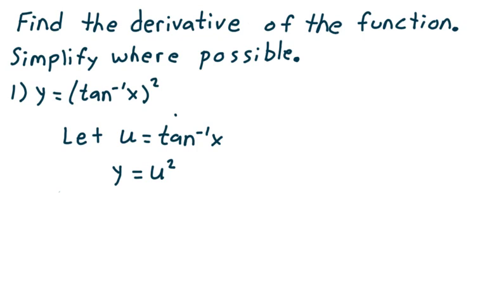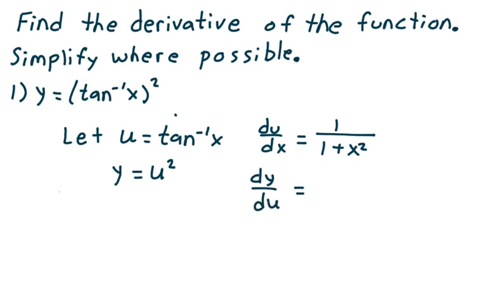Now, du dx is equal to 1 over 1 plus x squared. It's one of the derivative rules for inverse trigonometric functions. dy du is equal to 2u. Okay?